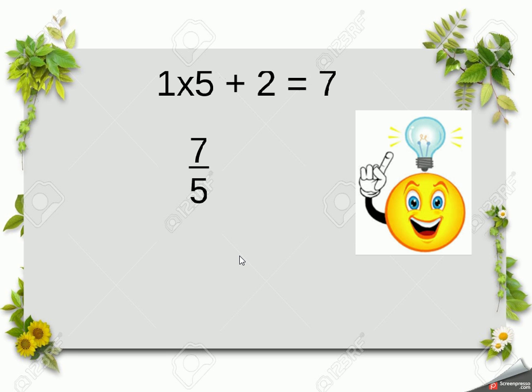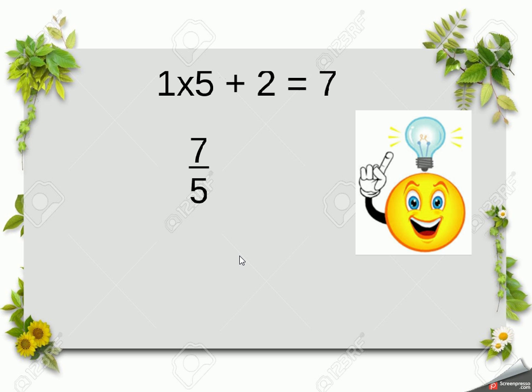So the answer is we turn it from a mixed fraction into an improper, top-heavy fraction first. If you remember, to do that we multiply the denominator by the whole number, in this case 1 times 5, and add the numerator on. So 1 times 5 plus 2 is 7, and that'll be our new numerator with the denominator the same, 7/5. 7/5 is the same as 1 2/5.